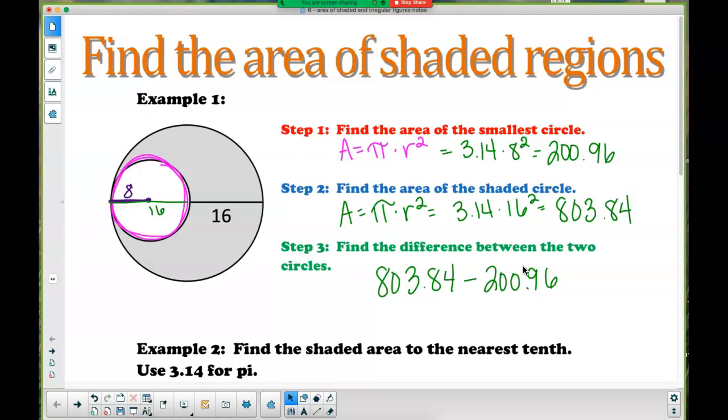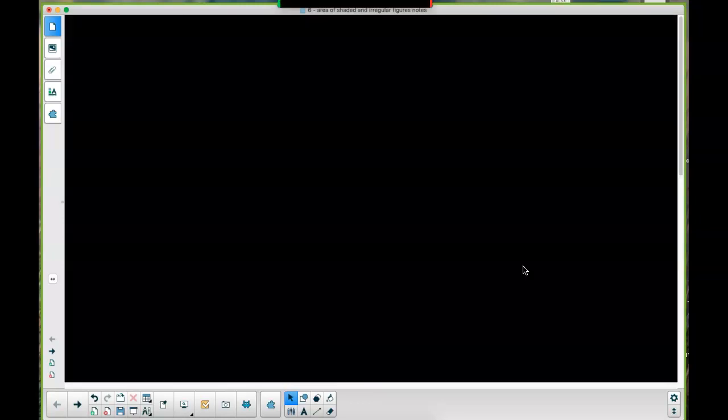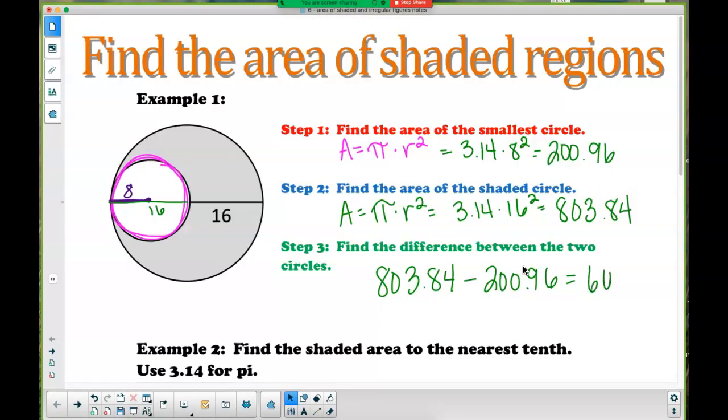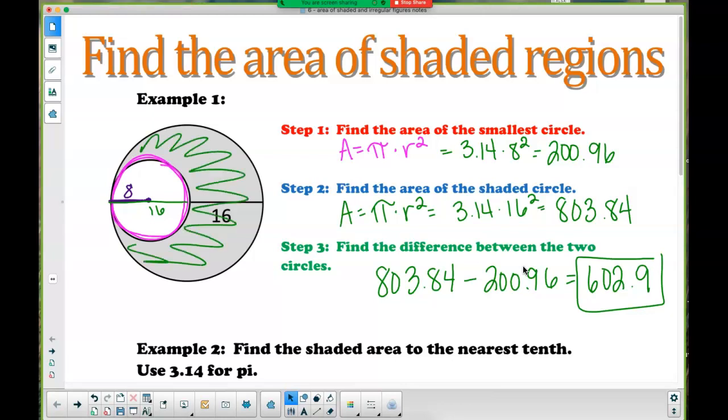At the very end, wait till the very end to round, but at the very end, let's round to the nearest 10. So it's 602.9 is our answer. Okay, that would be just this shaded part. Questions there?